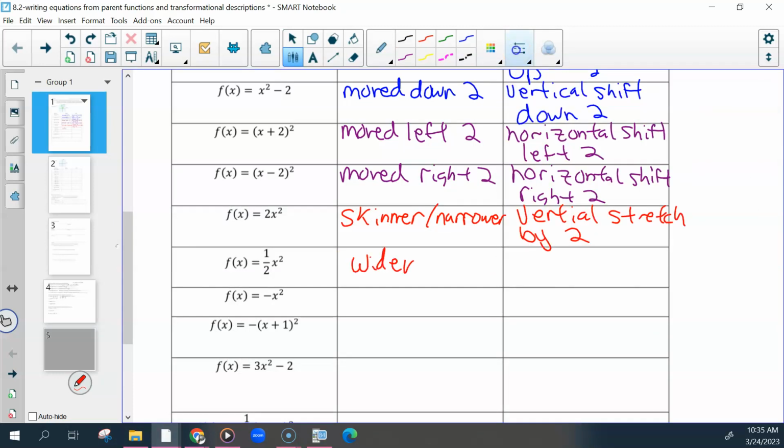So that would be a vertical compression by 1/2. Where a vertical stretch is stretching towards the y-axis, a vertical compression is shrinking away from the y-axis. So it's getting wider as it's going away.